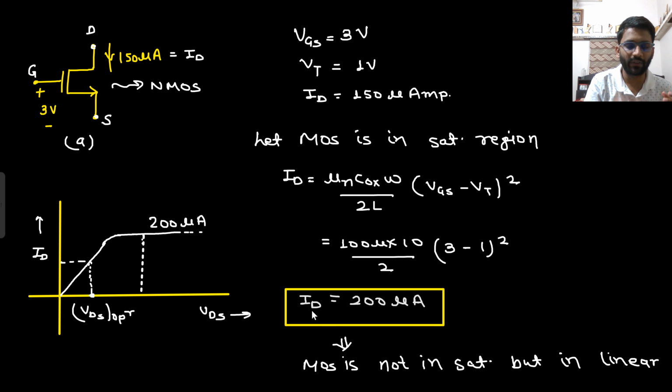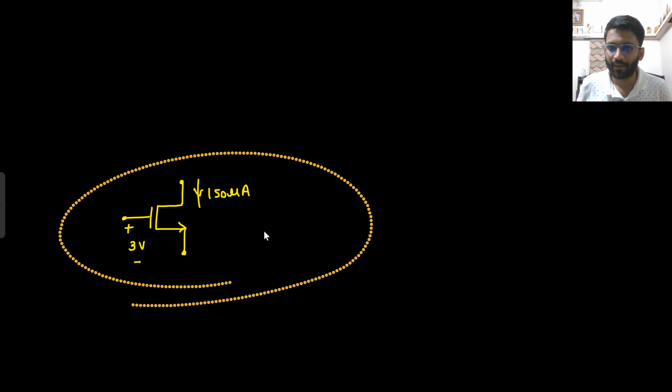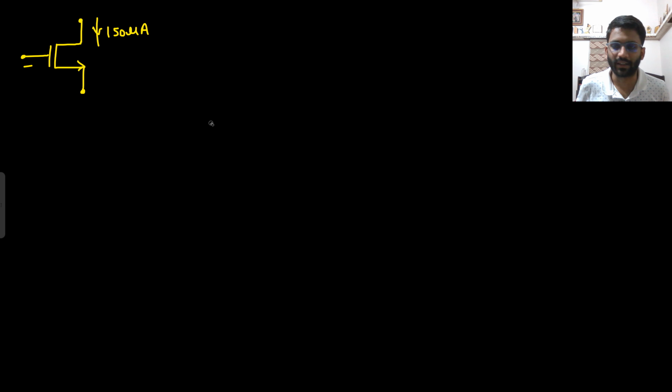First you solved it, and found the current came out to be 200 microampere. So you got to know that for a fixed VGS value of 3 volt, your drain current should be 200 microampere, but the current is lesser, that means it has to be in linear region. That's it. So this was the first question. Let's take up the next one. What they are asking in the next one, I guess they have changed the data here.